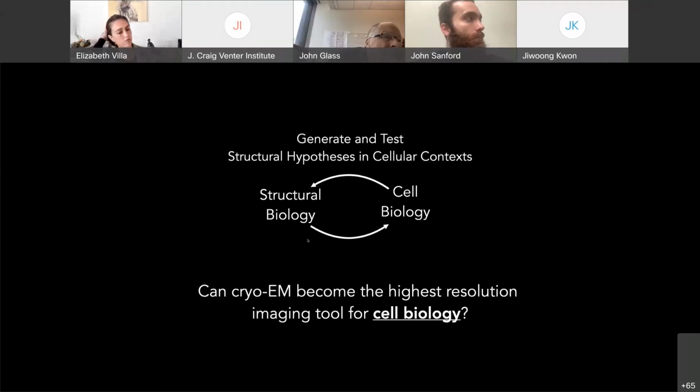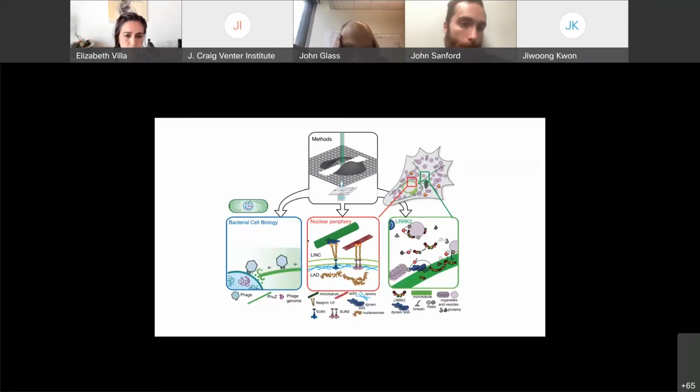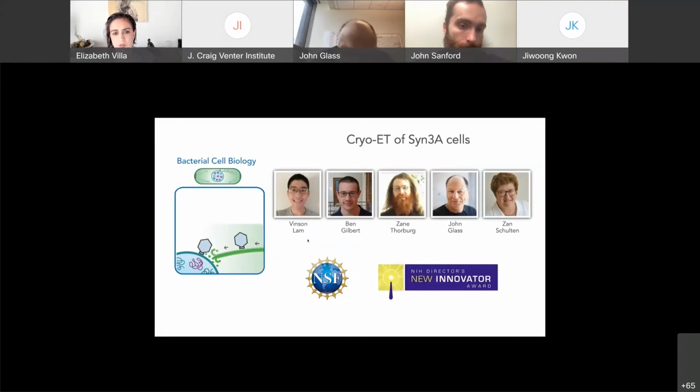And so the thrust of my lab is really to try to move cryo-EM into the highest resolution imaging tool for cell biology, just as it is for molecules and structural biology. So my lab has a lot of different thrusts that all are centered about method development in electron tomography.